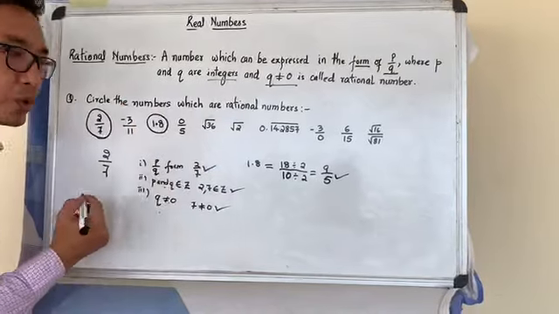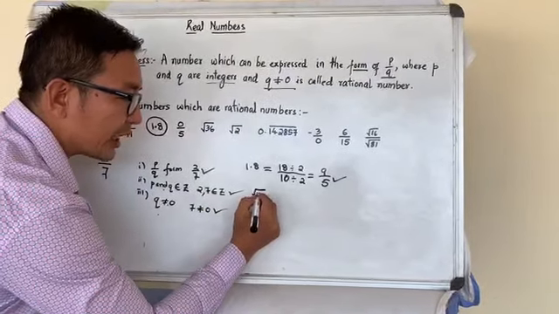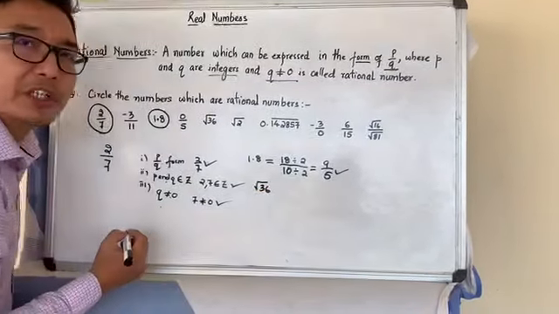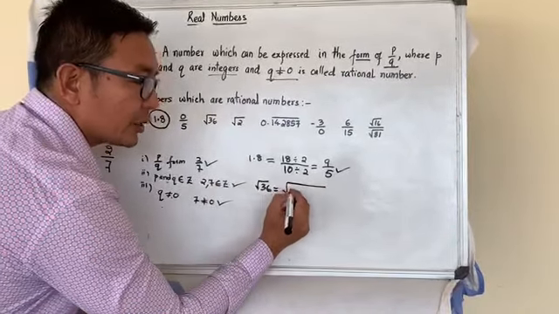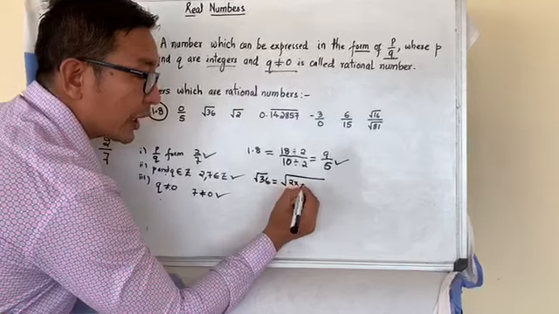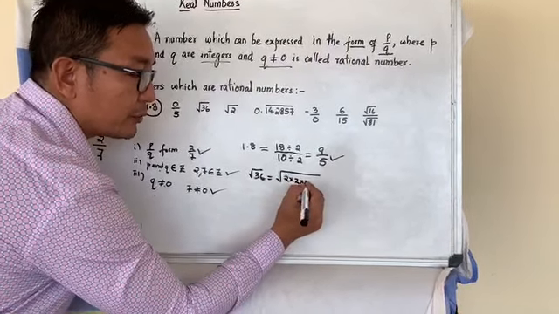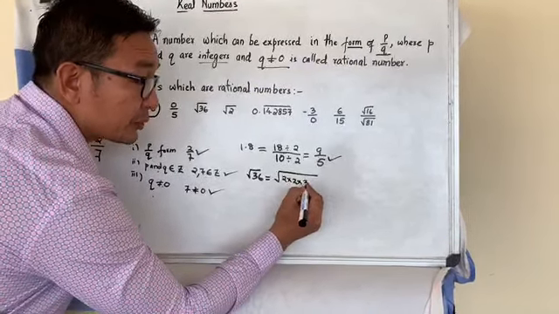What about this? Root 36. The square root of 36 can be written as 2 times 2 times 3 times 3.